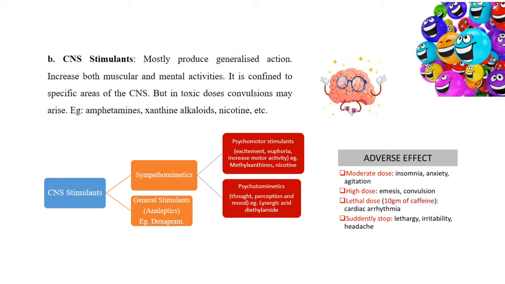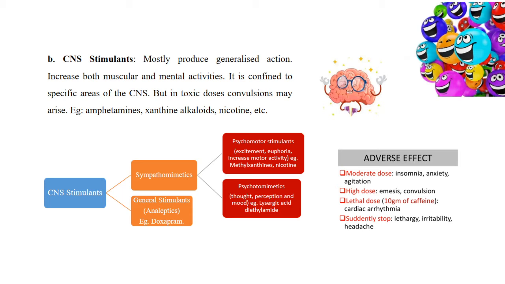lysergic acid. Okay, so what this will do is reduce the communication between the neurons as well as the muscles, the peripheral nervous system. Because of this reduced communication, we can't perceive things normally.